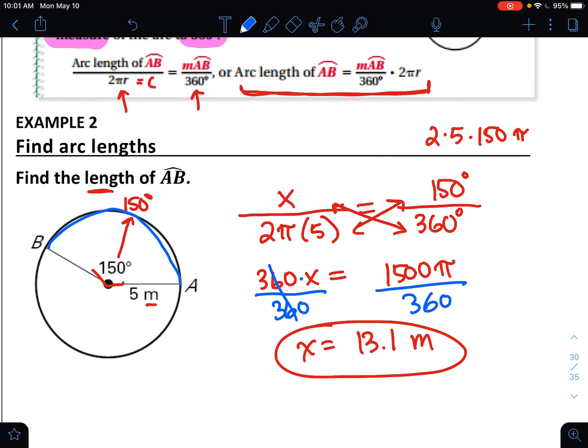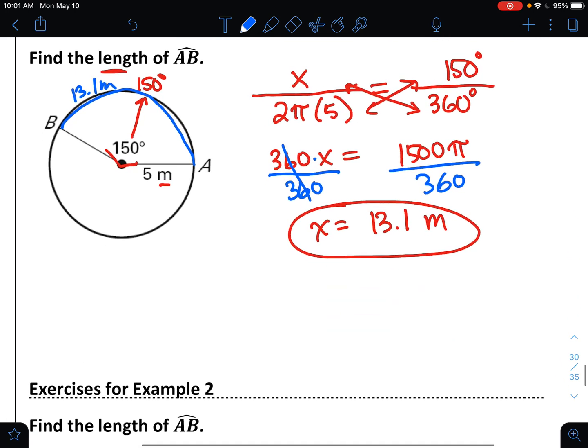The length from A to B is 13.1 meters. It's also 150 degrees. So arcs can be degrees or lengths. One more thing I want to add here: when it says measure of an arc, that's equal to a degree.